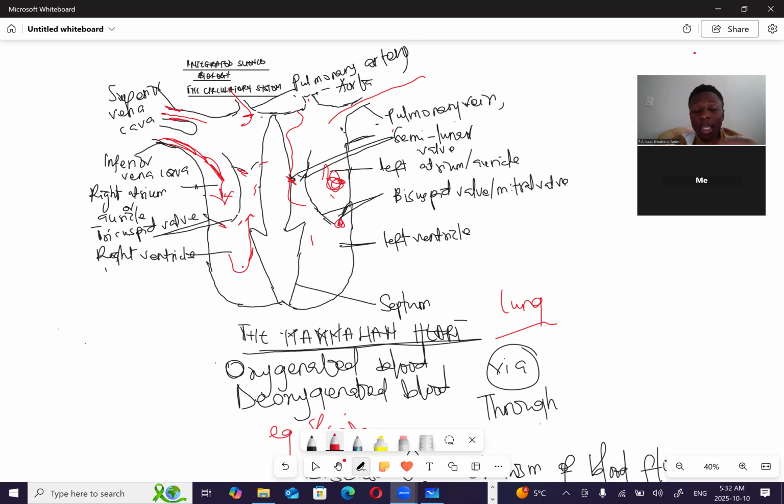You still miss something there. Does it just flow into the left ventricle? Something allows it, something opens to allow.